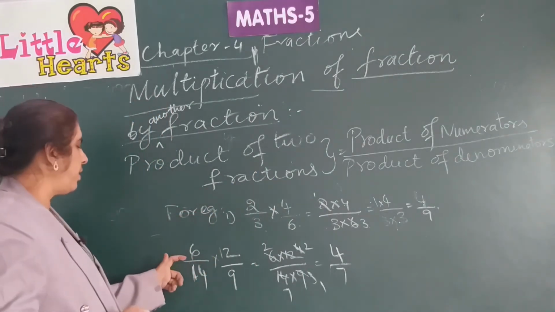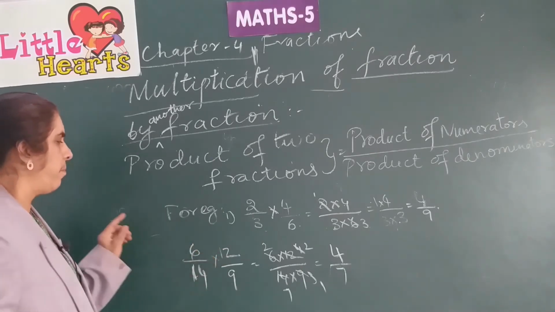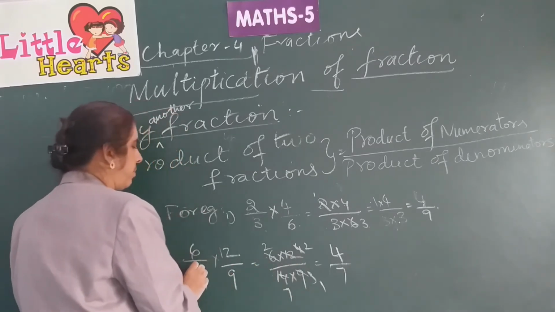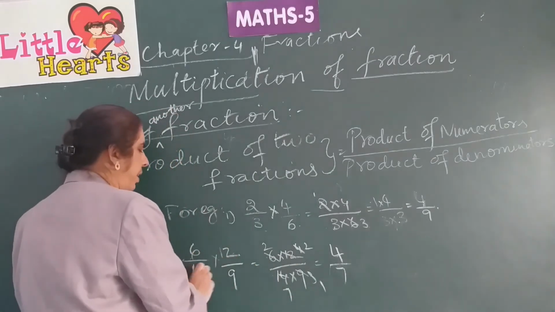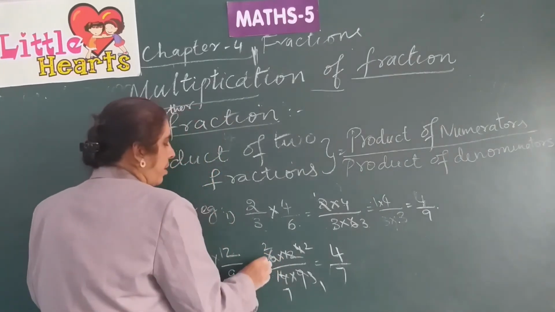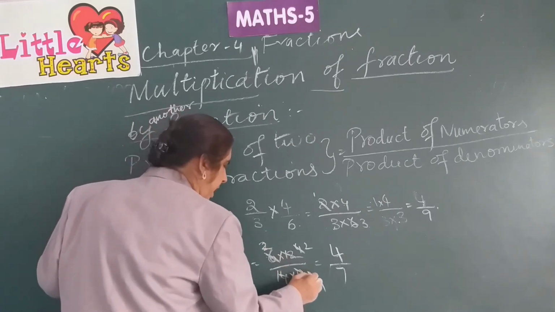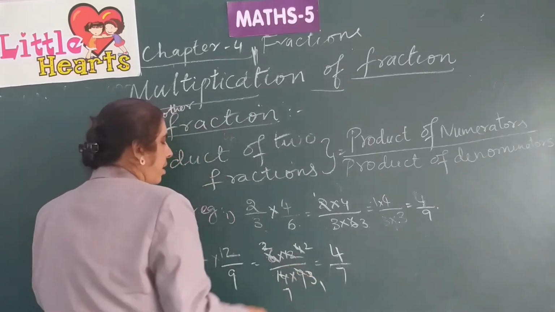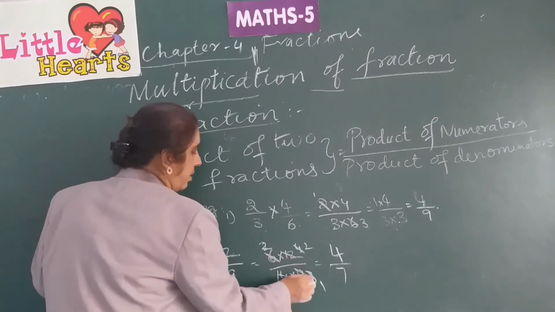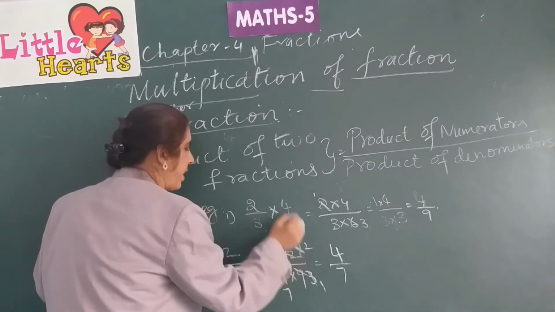Now take the fractions 6 by 14 into 12 by 9. So 6 into 12 by 14 into 9. Multiply numerators and denominators. Now let us cancel. 3 twos are 6 and 3 threes are 9. And now we shall go with this and this. 3 fours are 12, cancel.